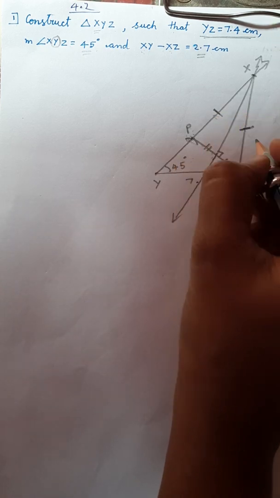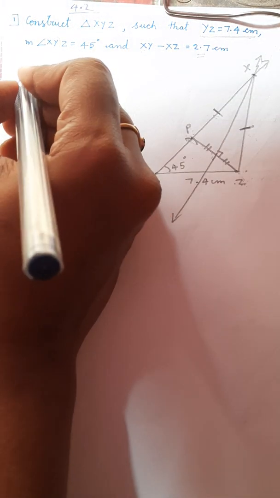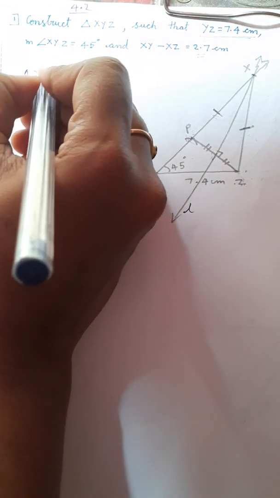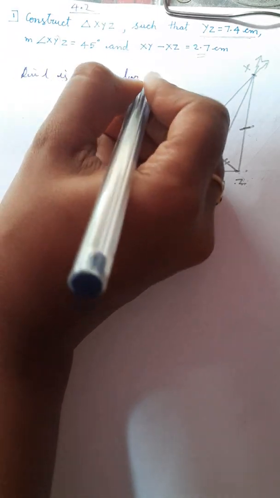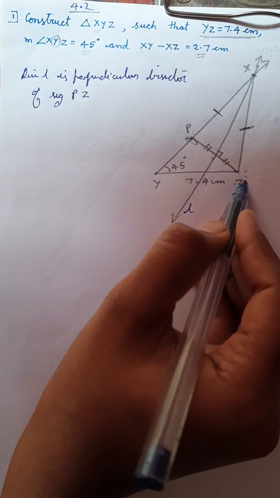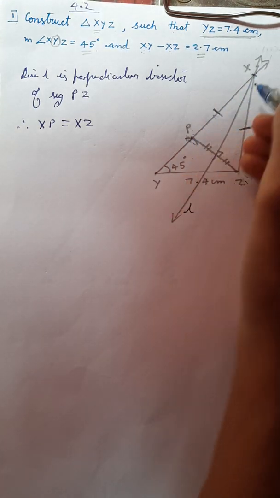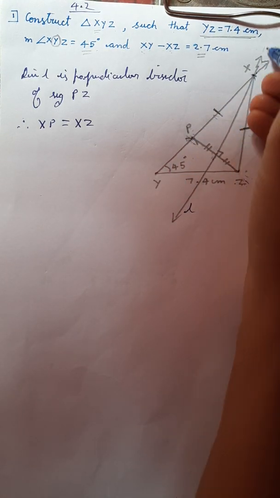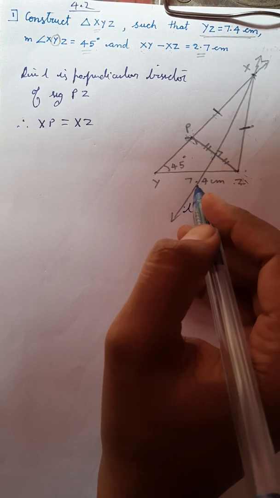So if these two measures are equal, now see the theory here. According to the question, this bisector we will consider as line L. So line L is the perpendicular bisector of segment PZ, and therefore XP is equal to XZ, because X is a point on the bisector.